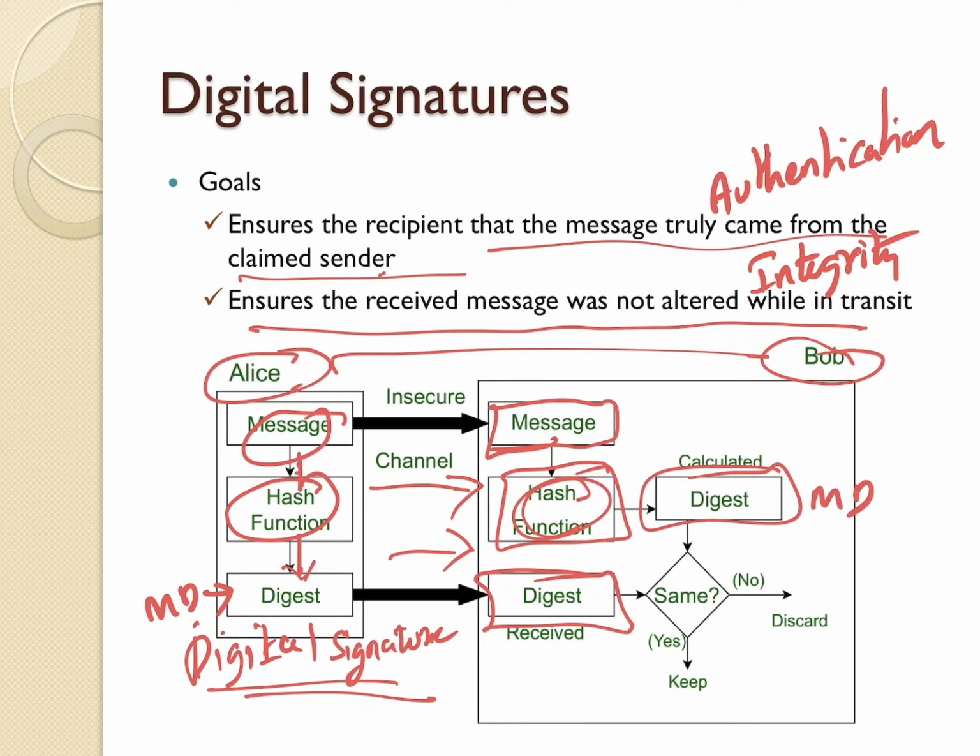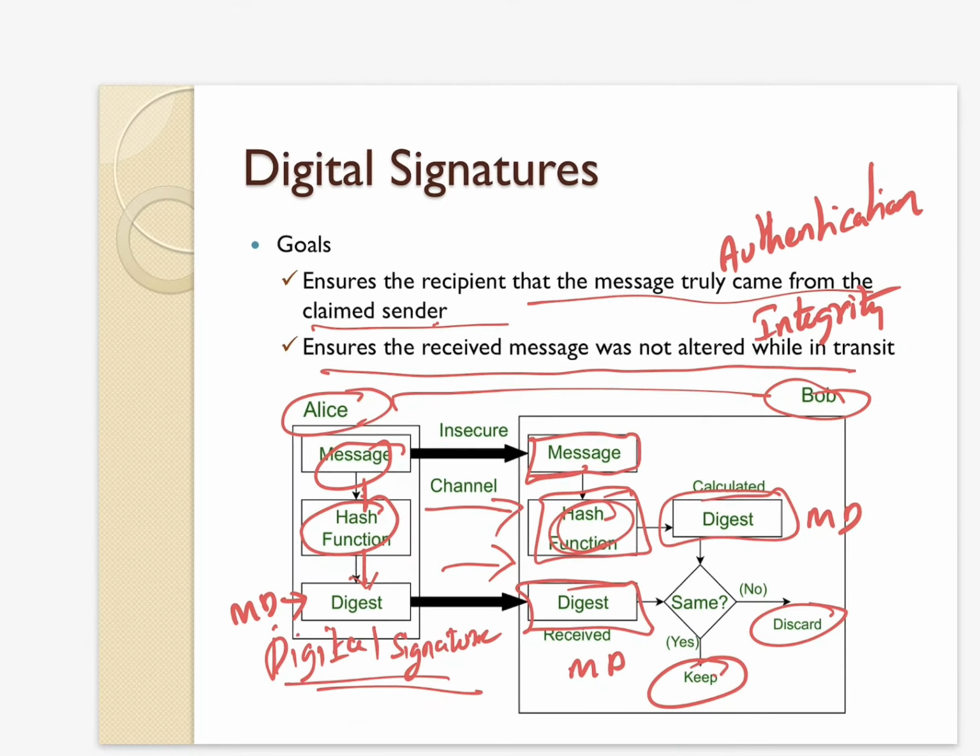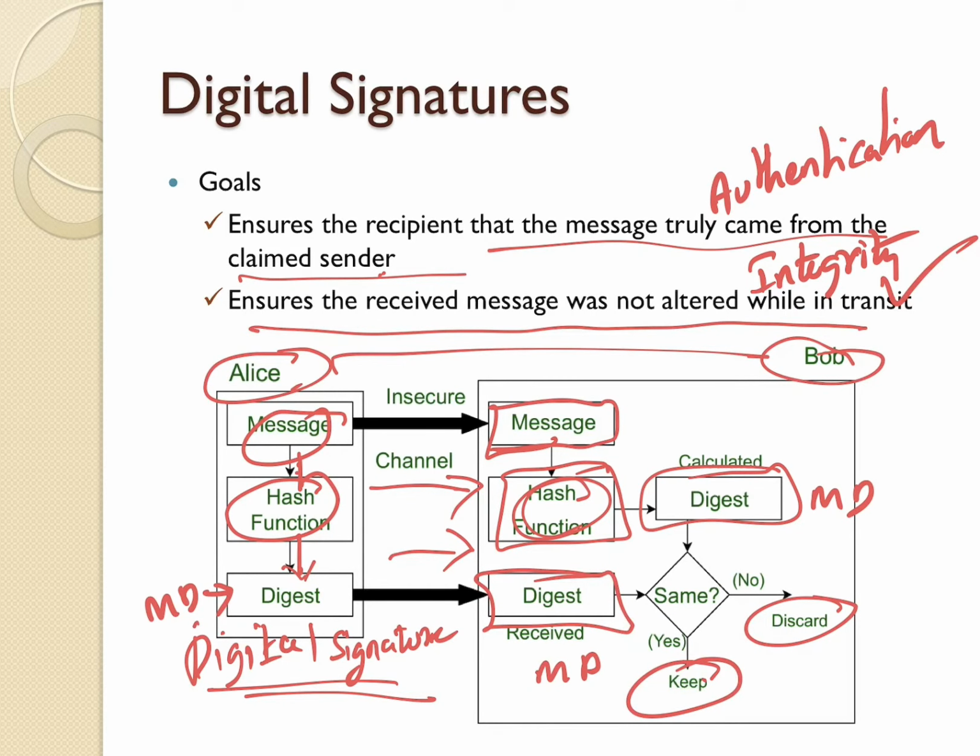If this MD and this MD match, he will keep the message, or else he will discard it. Keeping the message ensures it has not been altered, that is the integrity check, and authentication is also checked. But if there is any mismatch between these two MDs, the receiver will identify that some attacker has attacked this message, and the data has been altered.